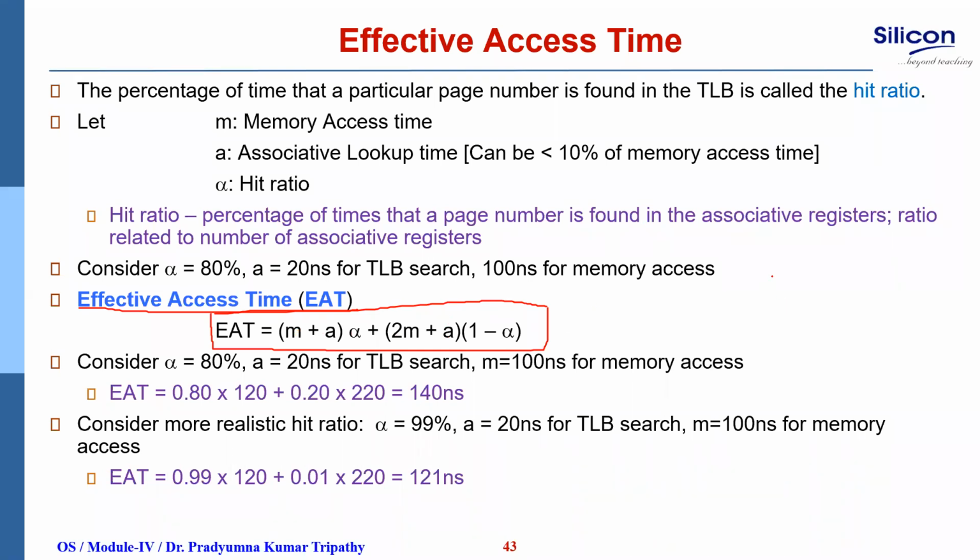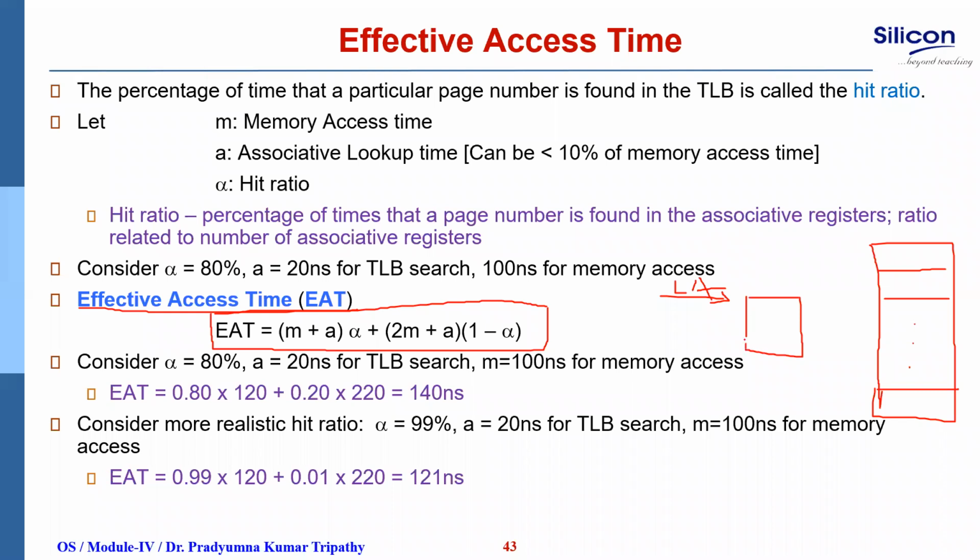How is it being computed? This is my main memory. Main memory is divided into some frames, and somewhere it is being stored. So the CPU generates an address. What is that address? It is the logical address, correct? Where is it searched? It is first searched in the PMT.